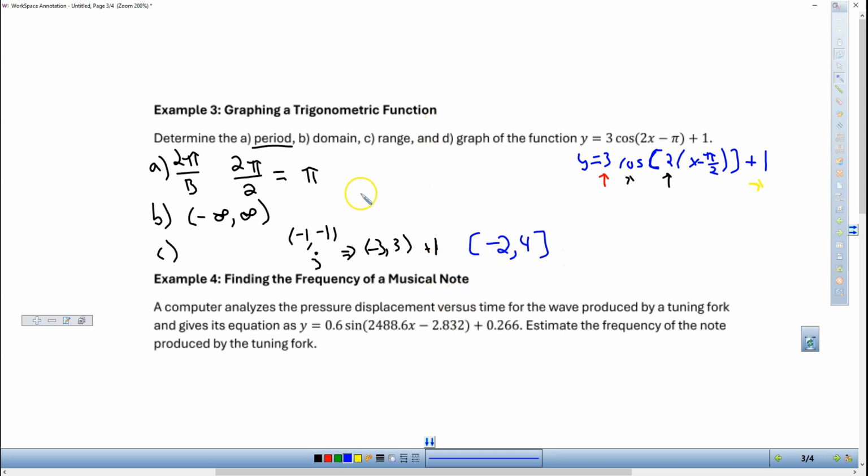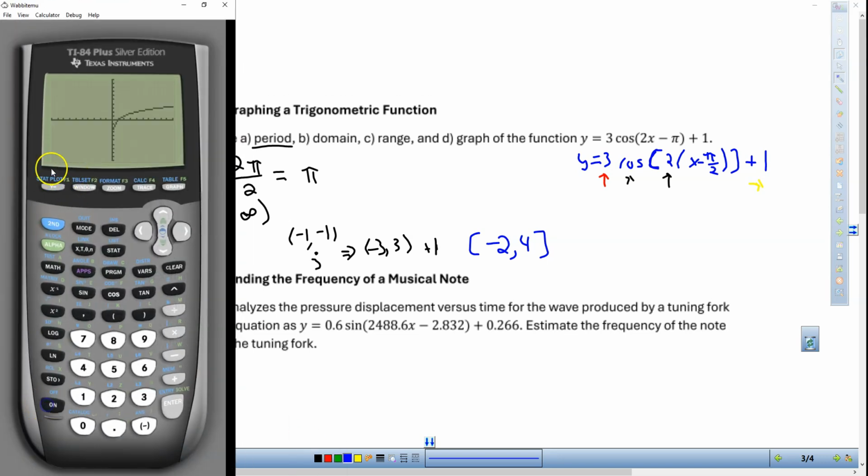Now, if we want to see the graph of this function, we of course could draw it, or we can also use our calculator here. So I'm just going to clear out the existing stuff I have in, and I'm going to go ahead and plot this in. So 3 cosine. I'm going to use my original function here for this graphing purpose because it'll just be a little bit easier. 2x minus pi, and then we have to do plus 1.